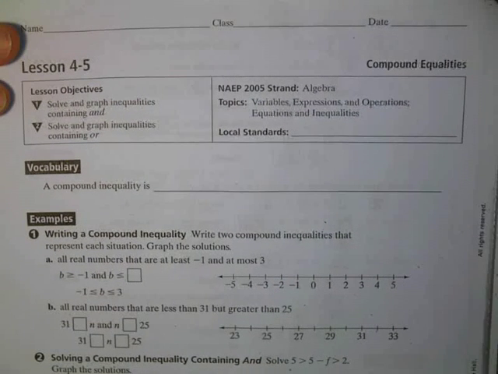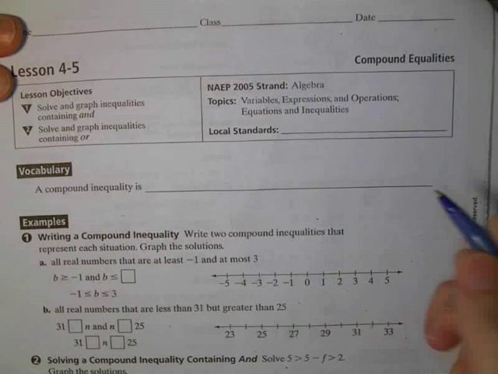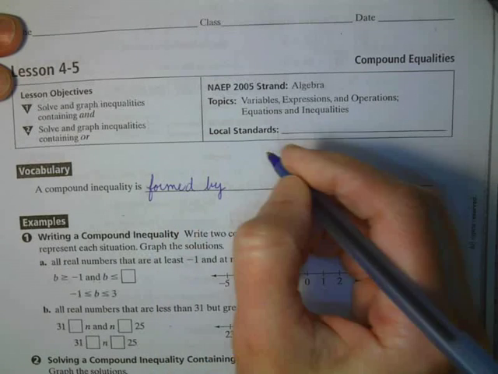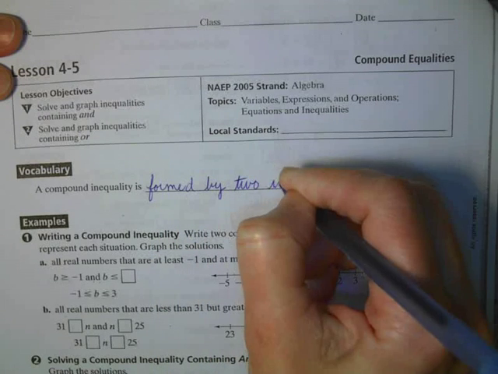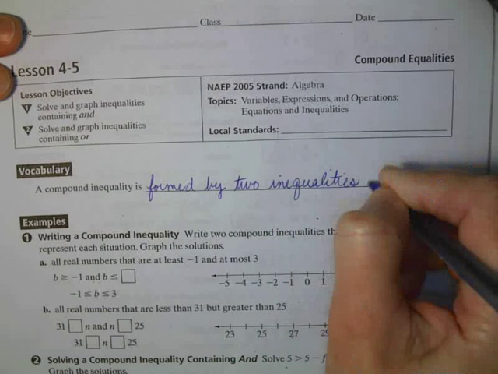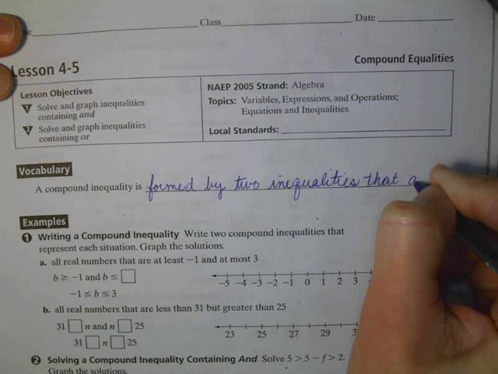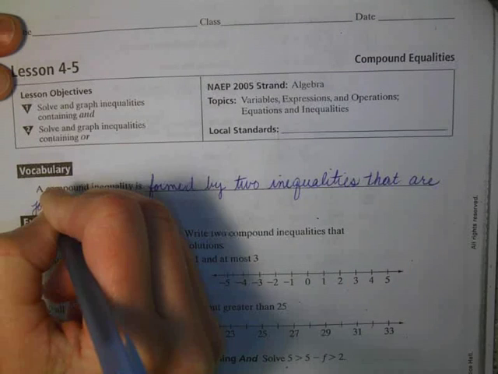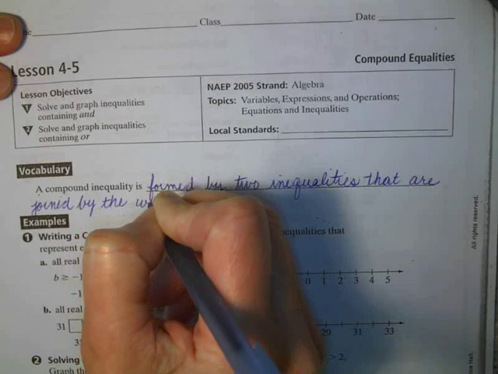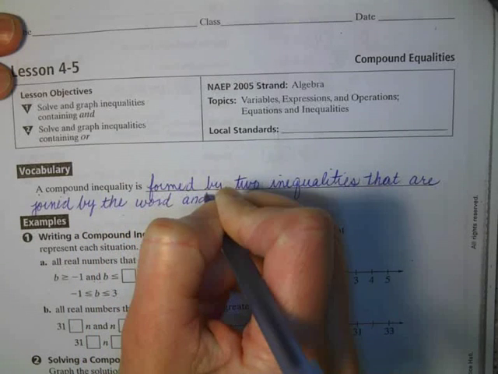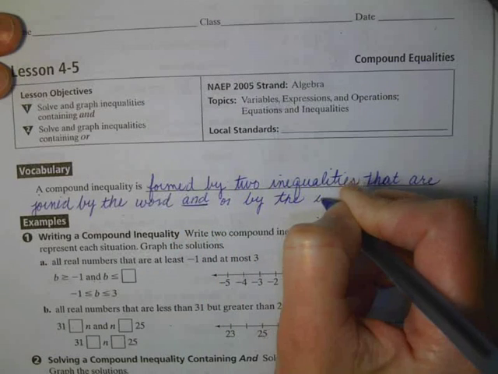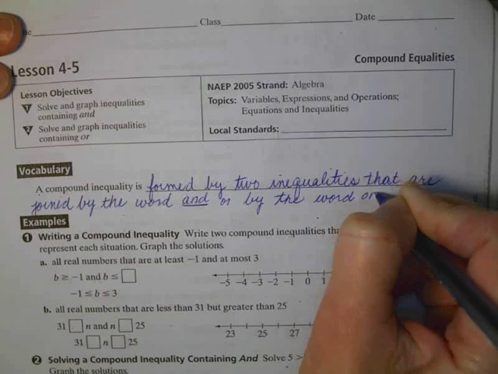So first, let's define a compound inequality. A compound inequality is formed by two inequalities that are joined by the word and, or by the word or.